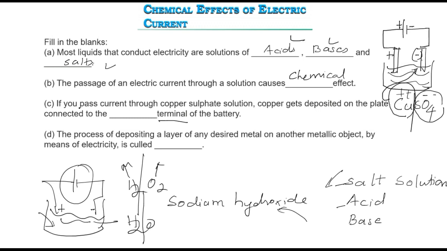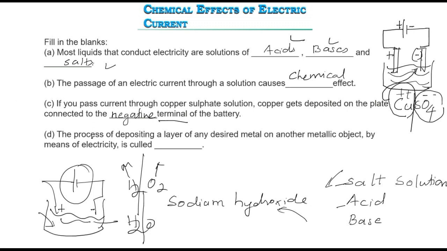So if you pass current through copper sulfate solution, copper gets deposited on the plate connected to the negative terminal. So remember, this is a very important question. And why does it get deposited on the negative terminal? Because unlike charges attract each other and copper becomes positively charged, whereas the negative terminal is connected to the negative terminal of the battery.